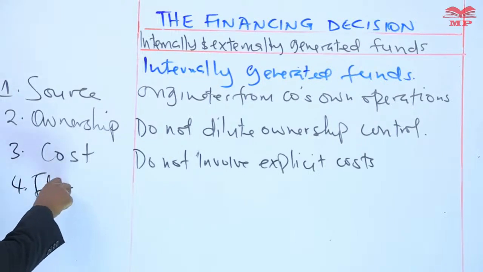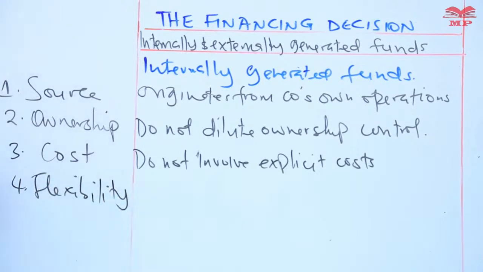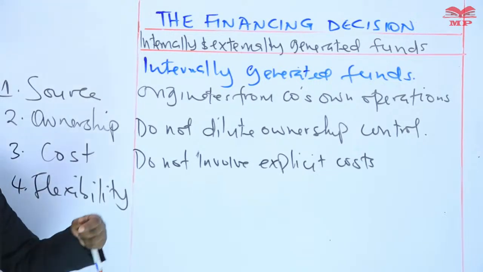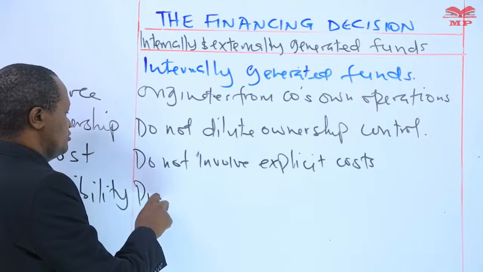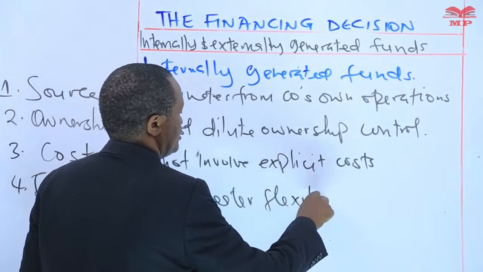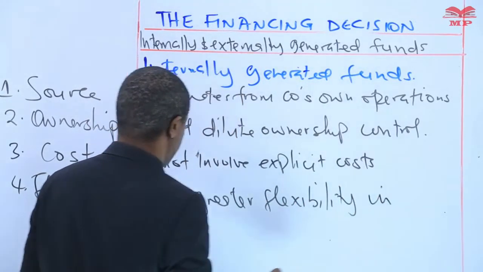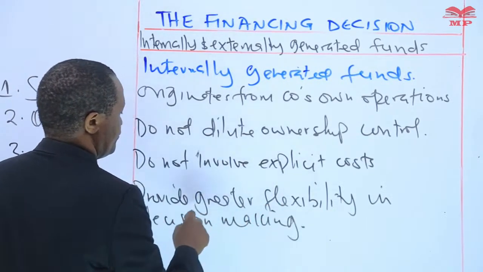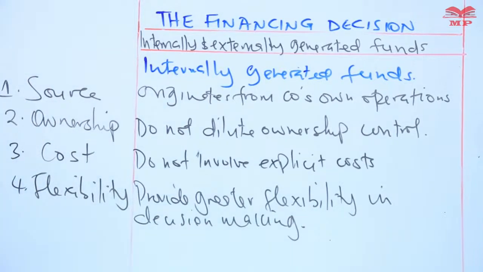Number four, flexibility. Internally generated funds, this source of finances from within the company, provide greater flexibility in decision making.